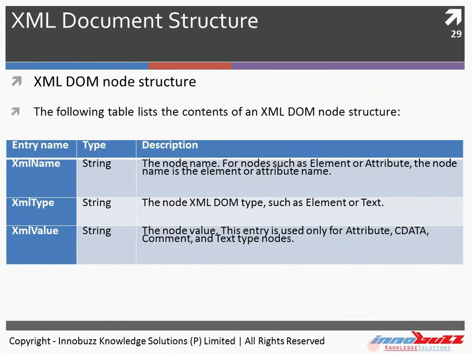XML type is the node's XML DOM type, such as element or text. And finally, the XML value is the node value. This entry is used only for attribute, CDATA, comment, and text type nodes. So all these are of type string. So this was the detail on the XML document structure.